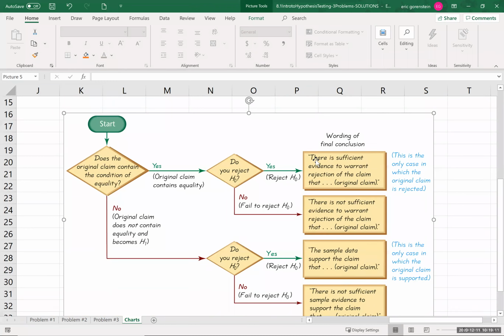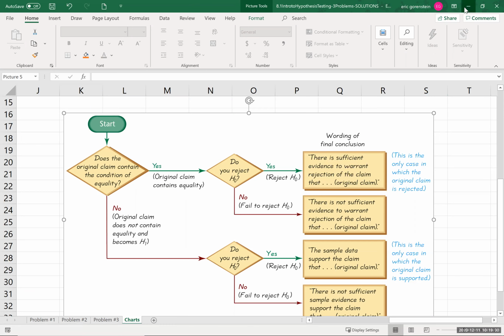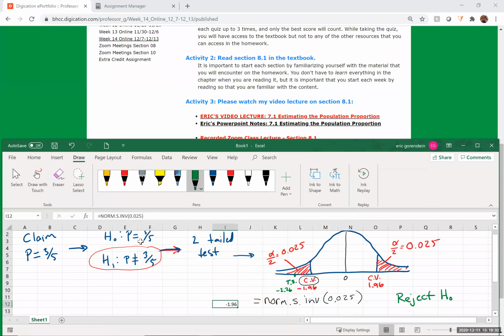So in that problem we were just looking at, the final answer to the hypothesis test would be there is sufficient evidence to reject the original claim. Or basically the sample data is saying that the proportion is not equal to 3/5.